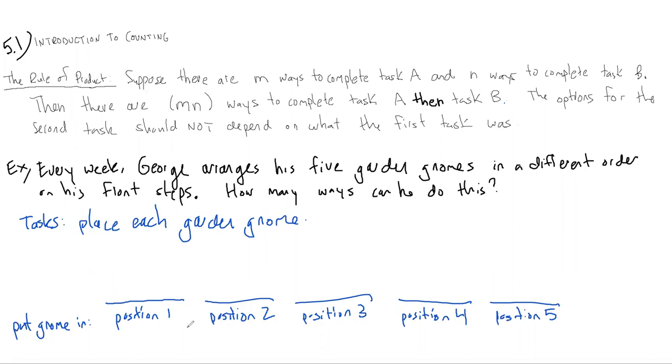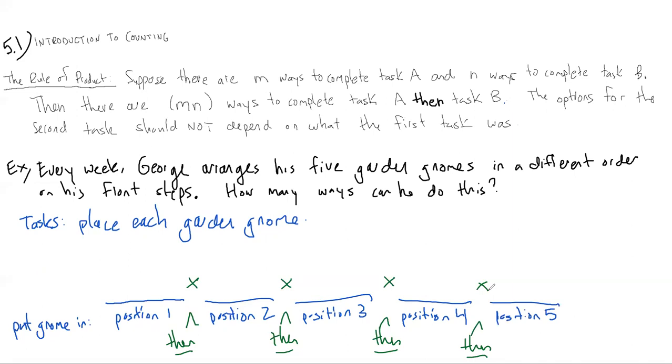I would put a gnome in position 1, and then I would put one in position 2, and then I would put one in position 3, then position 4, and then position 5. So that means that it's going to be multiplication between each of these choices or each of these selections because of that word then.